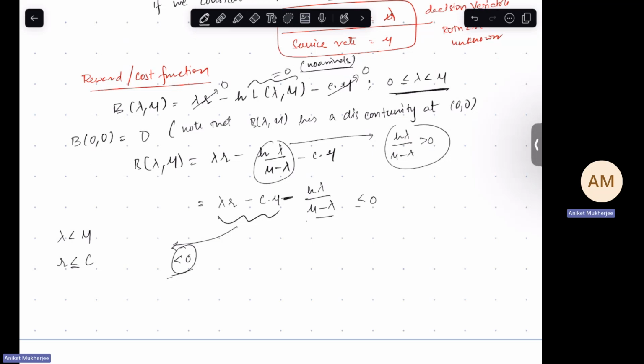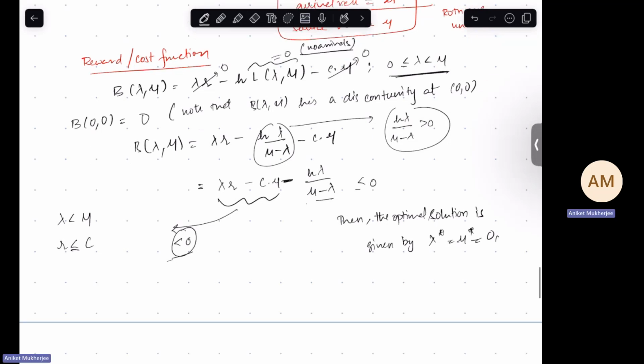Then the optimal solution is given by lambda star equal to mu star equal to 0. So (0,0) is the optimal solution.